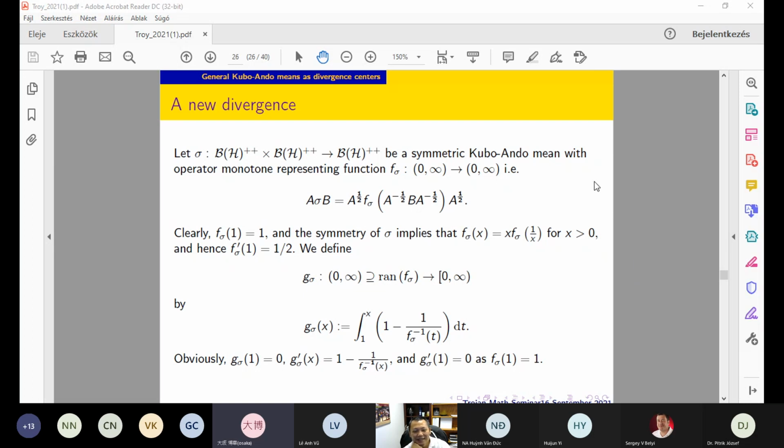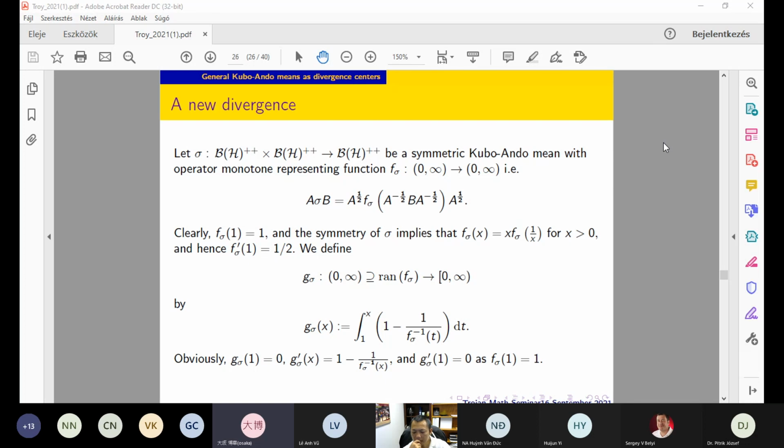You say that you don't know how to construct a non-symmetric Kubo-Ando mean, but I know how to construct non-symmetric means. Given two symmetric means, we can construct a non-symmetric mean between the symmetric means.